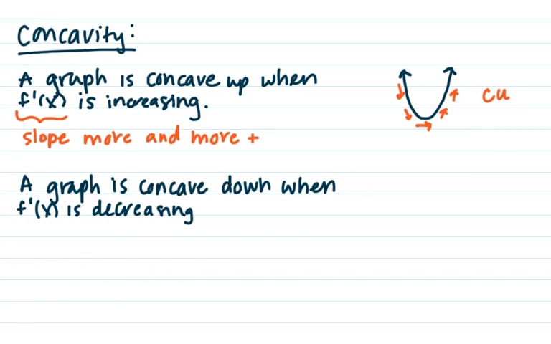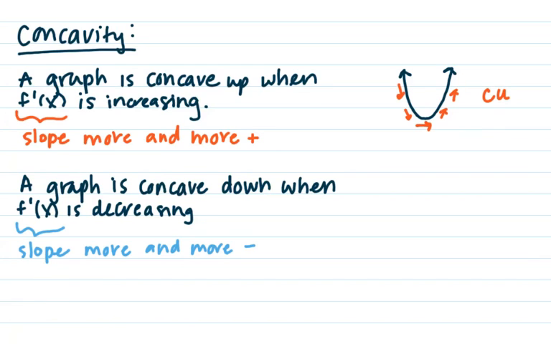Okay, so again, we're thinking the same thing. We're still thinking of the first derivative as the slope of this graph. And if it's decreasing, then the slope is getting more and more negative.